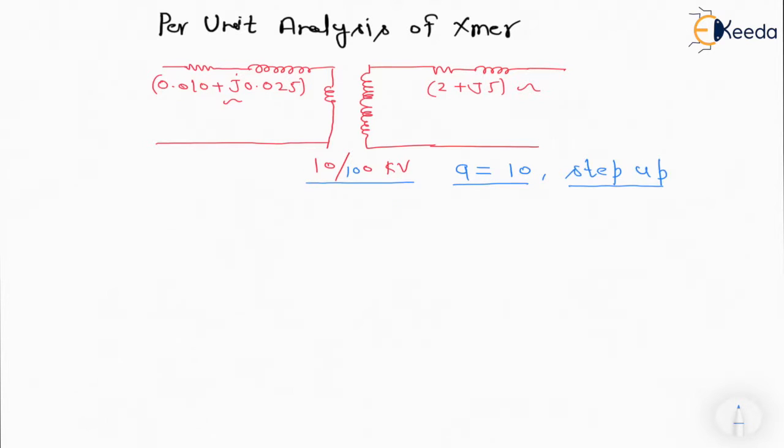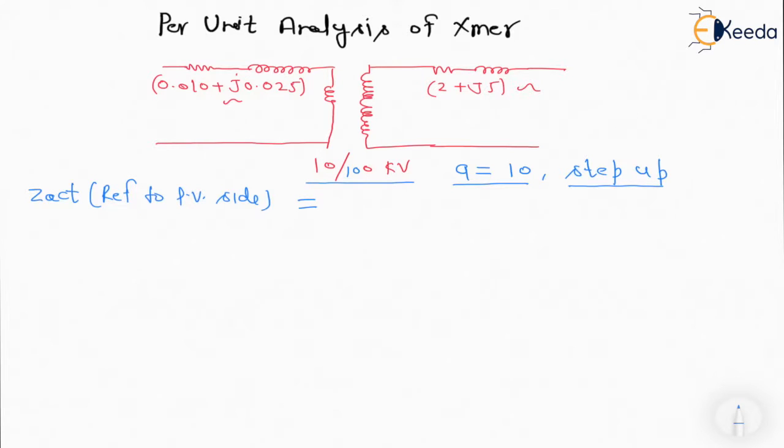So first, Z actual referred to LV side. We know about voltage: when voltage is referred from HV to LV, it will reduce. Current from HV to LV will increase, and the impedance value from HV to LV will also decrease, by a square.